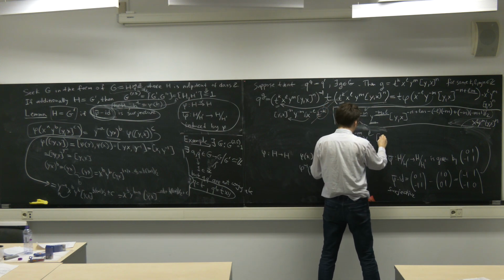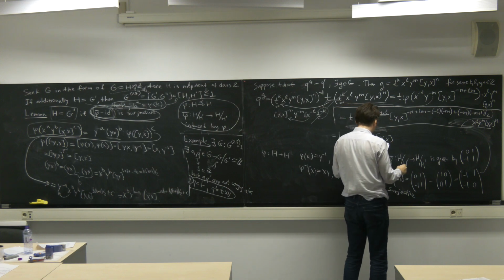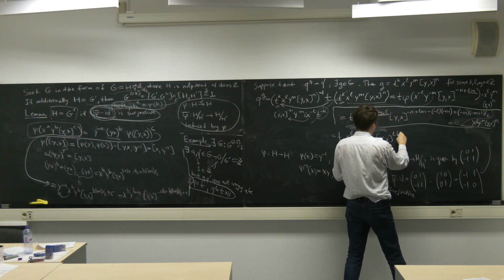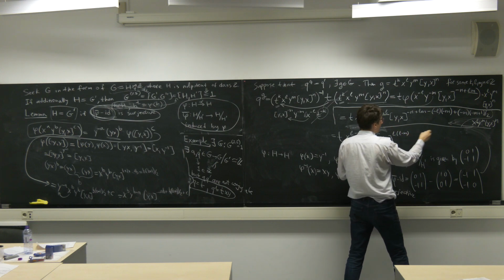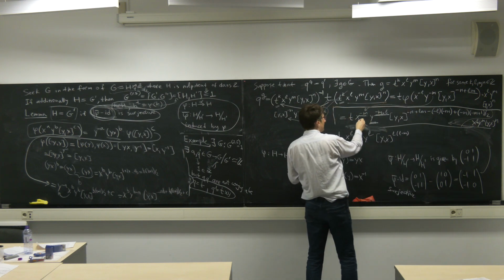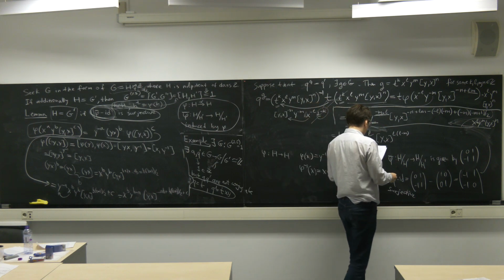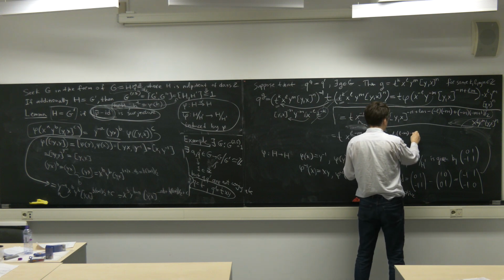And then we have the commutator yx. So now we have this l times l minus m, which comes from bringing this x to the left, beyond this y. And then everything else.